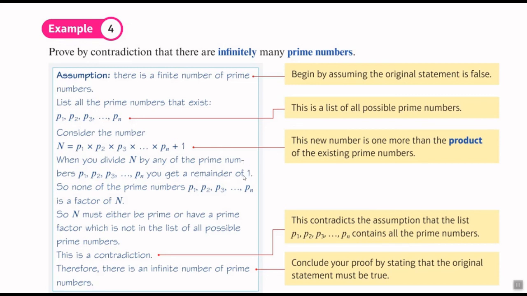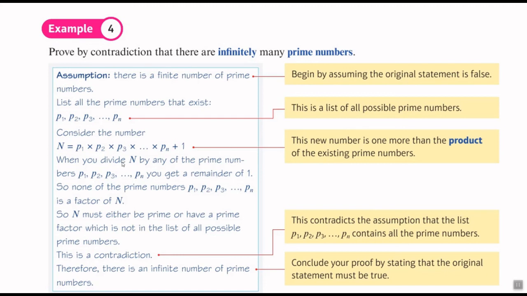The remainder equals 1. If you divide by p1, you will get the remaining part as a quotient and this 1 as a remainder.